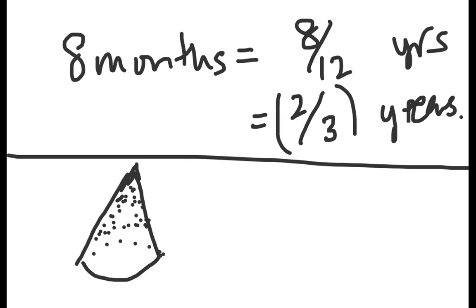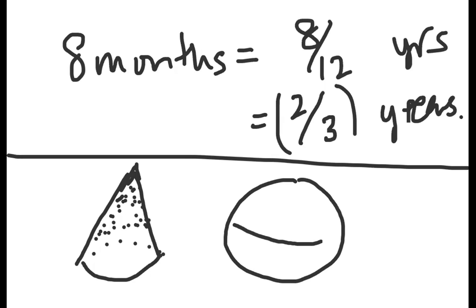Okay, now the next one is the surface area of a sphere. Okay, so this is a sphere. A sphere is basically like a football, or a ball, or whatever it is.